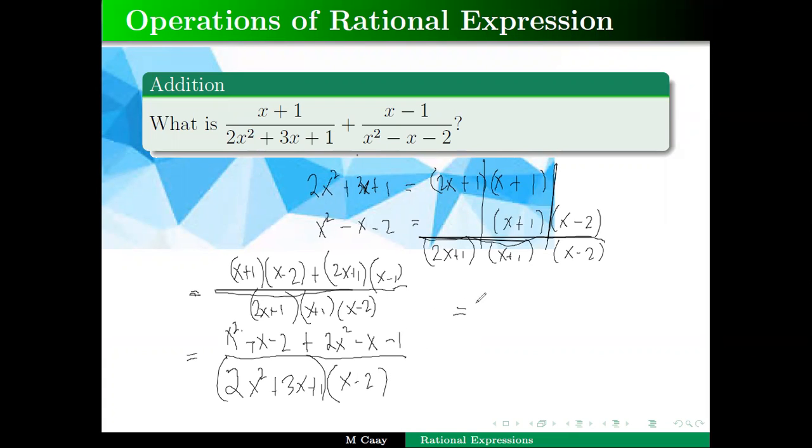So basically this is equal to 3x squared, and I have 2x, and I would have negative 3, all over the product of these. Let's simplify this in this way.